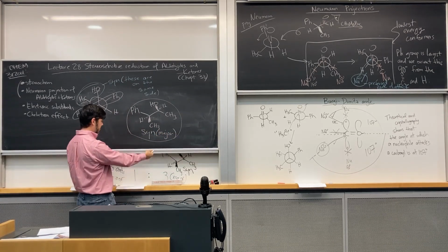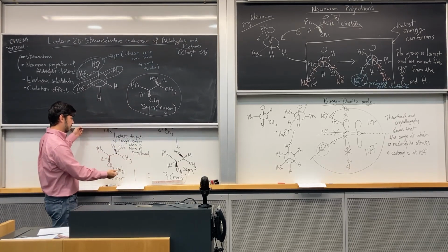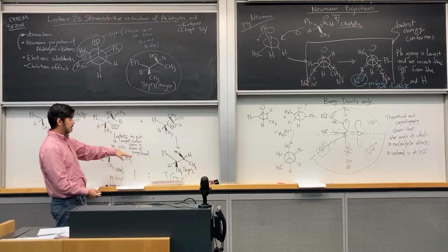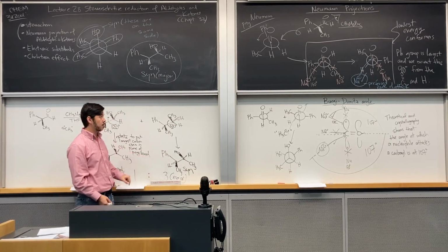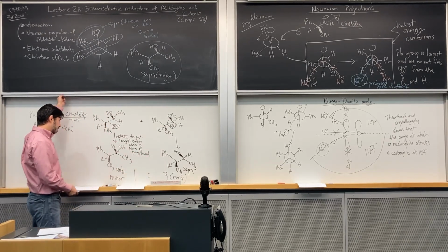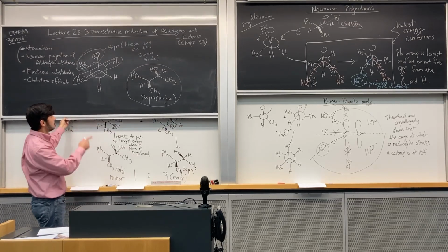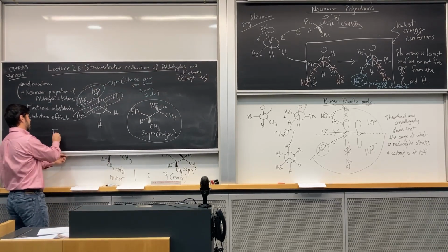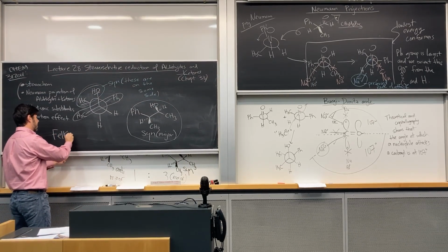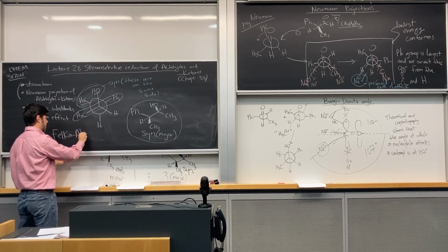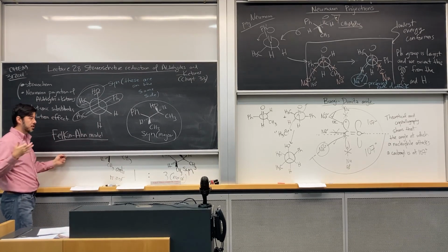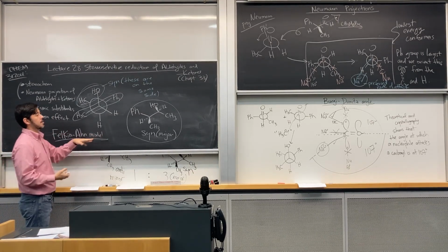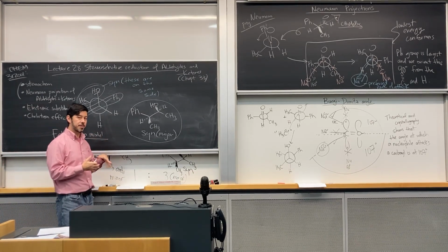Okay, if we look back down here, I told you that this is the major product, and yes, it is. So now you understand why. This type of model is actually called the Felkin-Anh model, and it really just describes the Newman projections and how we can understand which stereoisomer is going to be formed in excess.